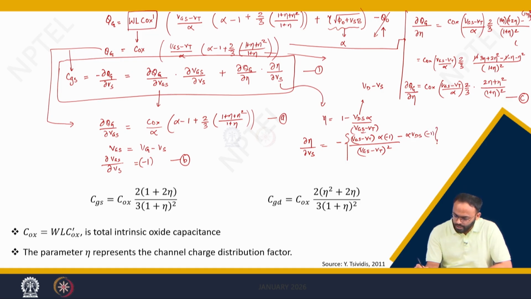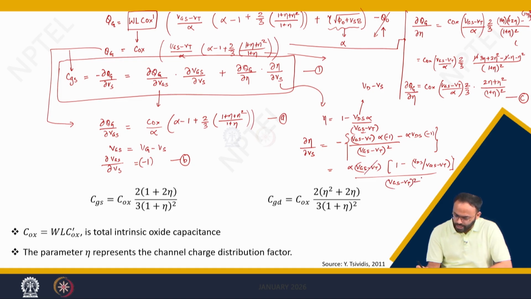Again, if you differentiate this with respect to Vs, you will get minus 1. Take minus 1 out, and Vgs minus Vt into alpha also out. So alpha into Vgs minus Vt is taken out. You will be left with 1 minus Vds divided by Vgs minus Vt, divided by Vgs minus Vt whole square.